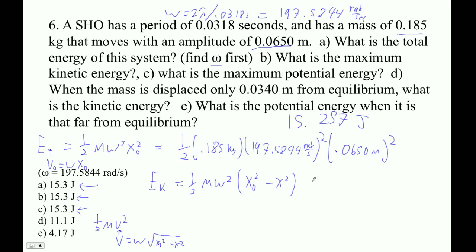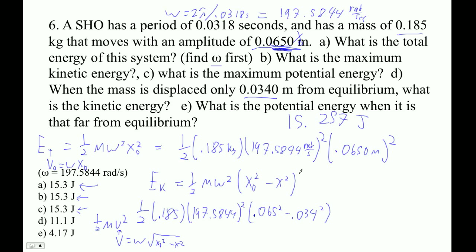So it's not a magic formula. So let's plug in. 1/2 times 0.185 times 197.5844 squared times 0.065 squared minus 0.034 squared. Because that's where we are, and our maximum is there. That's our x naught.